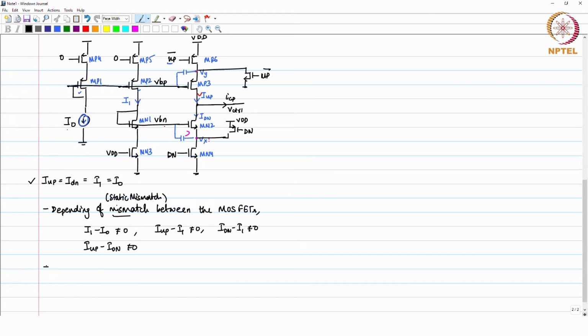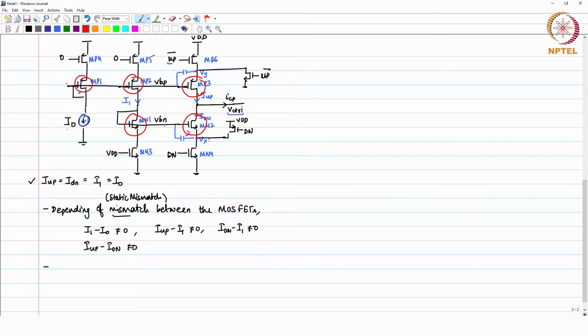Other mismatch which you are going to see is V control. The current which you are going to see coming from I up or I down also depends on V control. So, you can say you have channel length modulation for the current sources, whichever current sources you see.